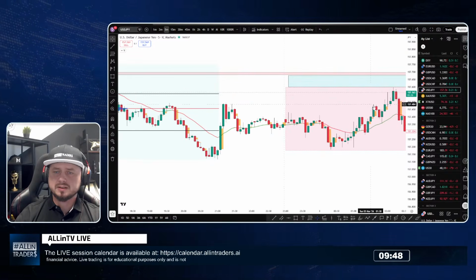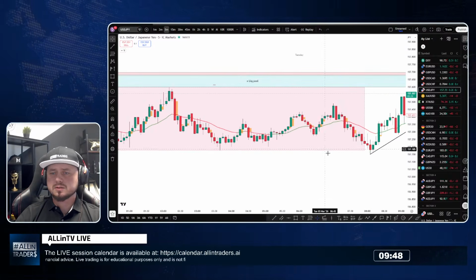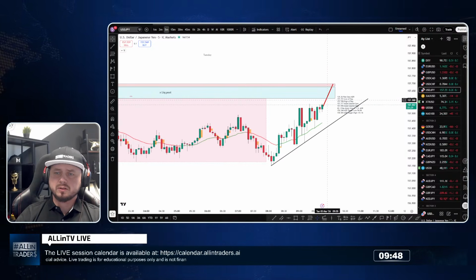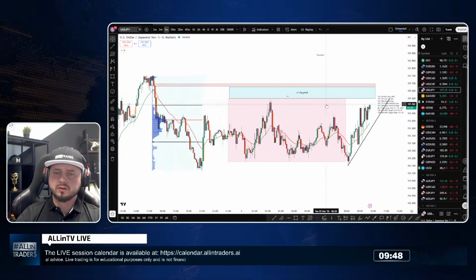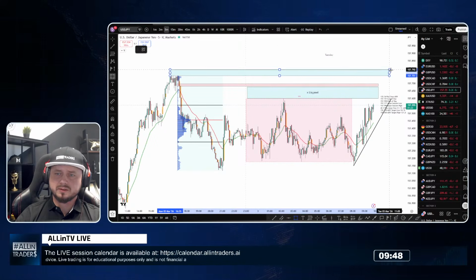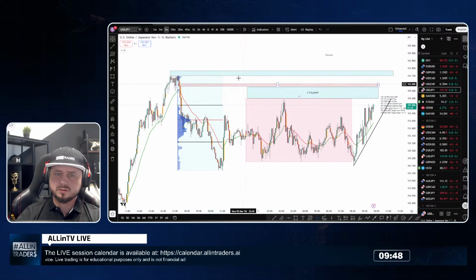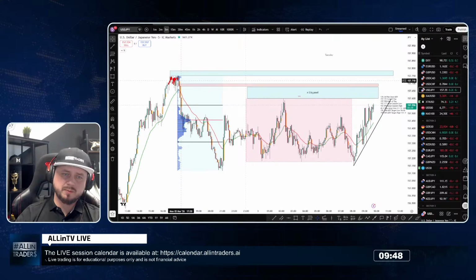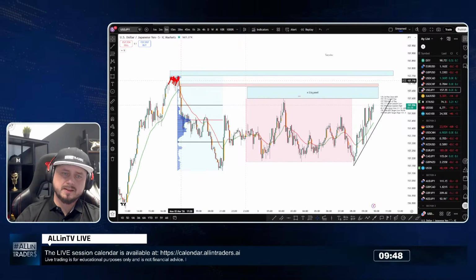So very nice areas, but in this case, I don't want to set pending order. I just want to wait and see if we're gonna have reaction here or not, because we got some liquid zone above this area also, so we need to remember about that. We can see the price stopped here many times.